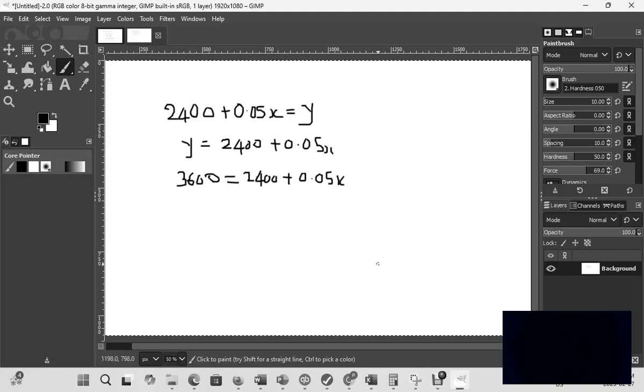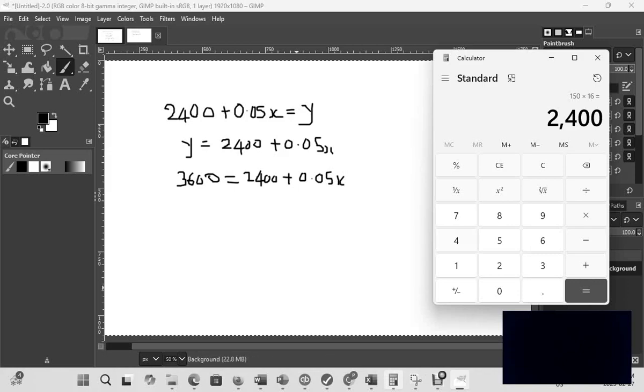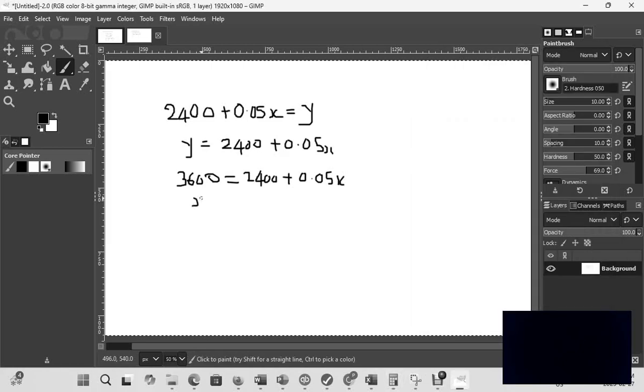Which means 3,600 take away 2,400 will be 1,200, and 1,200 divided by 0.05 will be 24,000. So X equals 24,000.